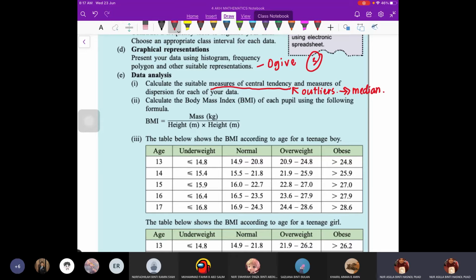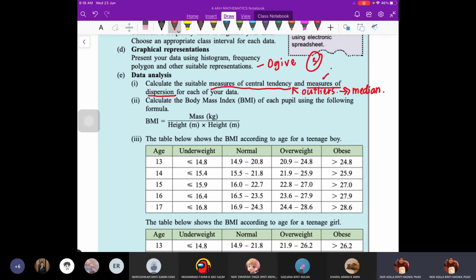So we remove the outliers and then based on the data without outliers, kita buat measures of dispersion. Okay, so kita remove kita punya extreme values supaya data kita cantik. Alright, so barulah you kira, bila data dah cantik, kita kira measures of dispersion.